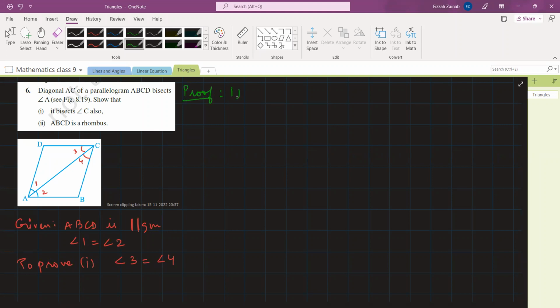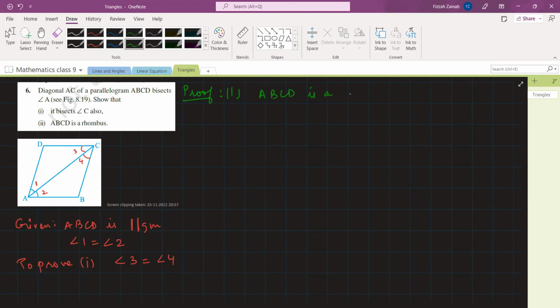Now proof, part 1. Okay. So we can bring some relation between 1, 2, 3, 4 like that. Now see, ABCD is a parallelogram. It is given. Is that right? Yes, ma'am.